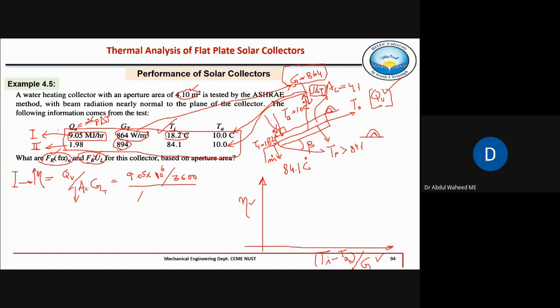That's why it is very important to mention on the basis of which area the efficiency is calculated: absorber, aperture, or gross area. So here, aperture area is given as 4.1 meter square, multiplied by GT, which in the first case is 864. So this efficiency comes out to be 0.71.